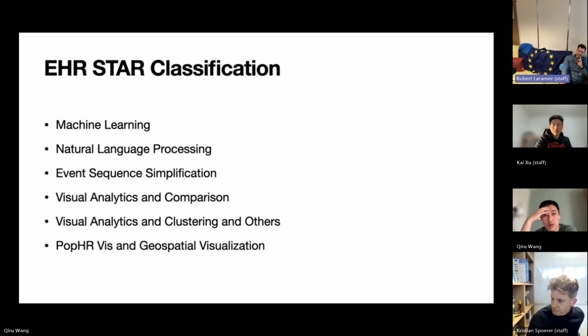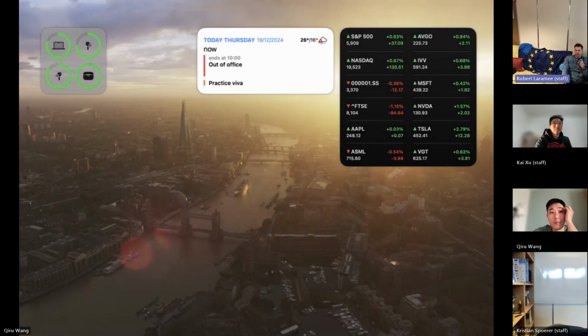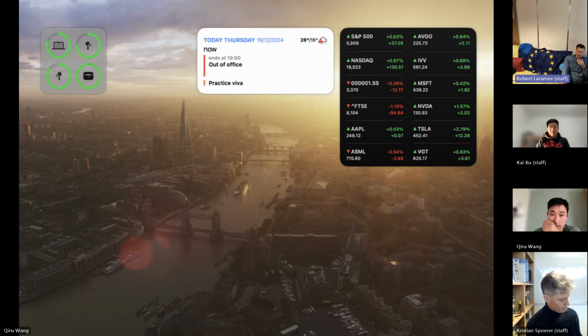That would be a fun discussion. The way I see it, it adds a visual interface onto NLP. So it's almost like visible NLP. Anyways, that could turn out to be an interesting discussion during the Viva.